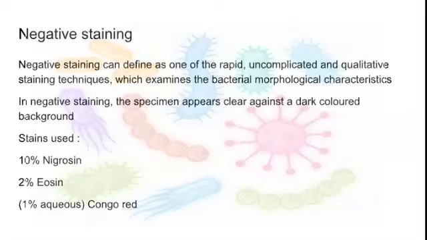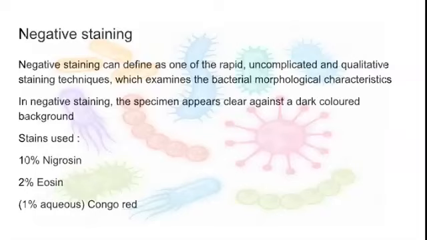So what happens in positive stain or a simple stain, that stain or the color is absorbed by the microorganism. Whereas in negative staining, the color is absorbed in the background and the bacteria will be clearly visible under the dark background. So the stains used here are 10% nigrosin, 2% eosin or 1% aqueous Congo red. So these are all the very basic colors we use.